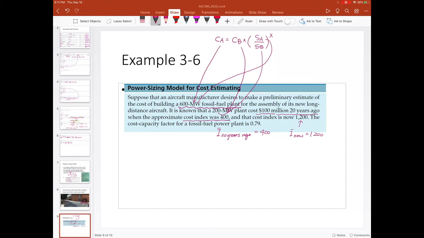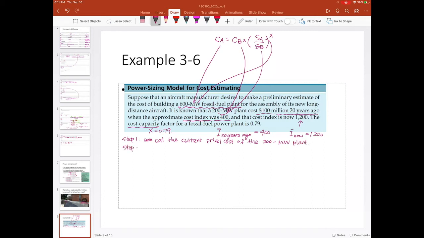So that's the logic. And the very last sentence tells you the cost capacity, which is the X, is 0.79. Okay, so this is all we know. And we said the first step, step 1, we want to calculate the current price or cost of the smaller plant, which is the 200 MW plant, right?